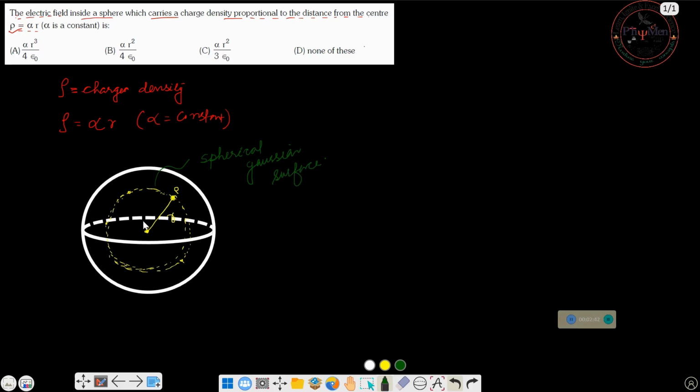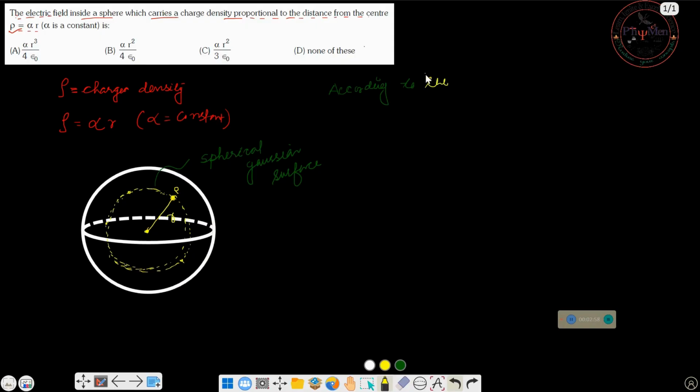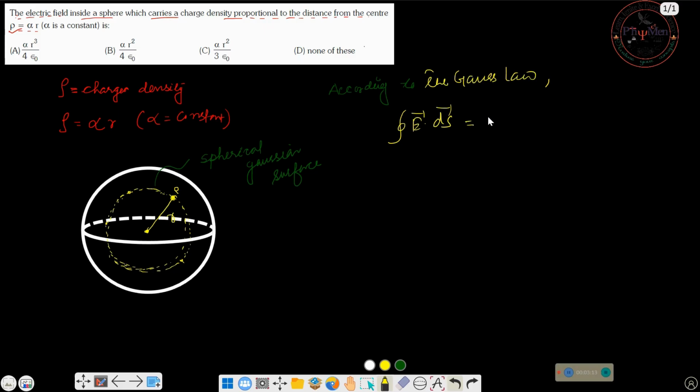According to Gauss law, the integration of E dot ds is equal to q in by epsilon naught.